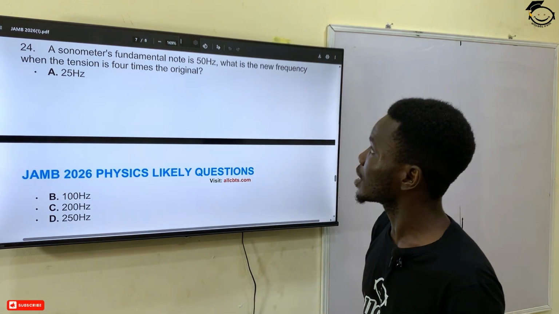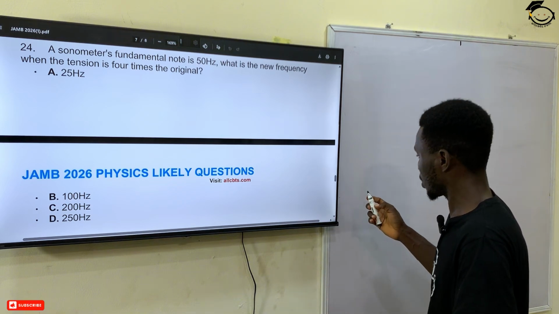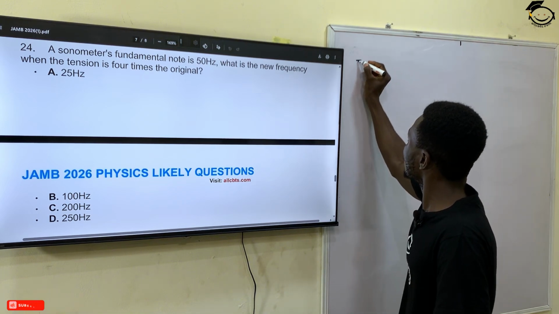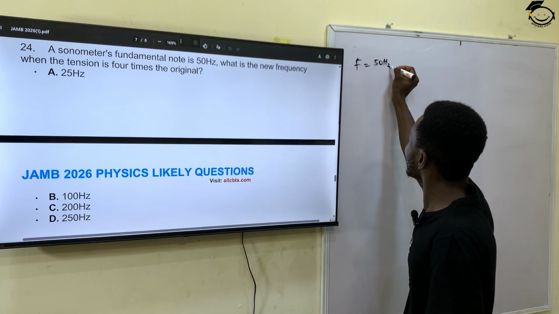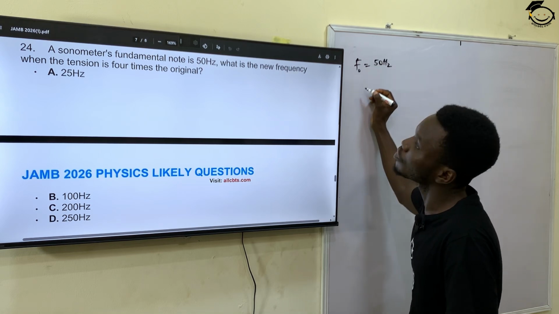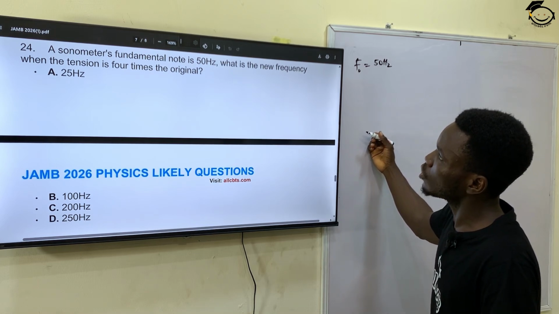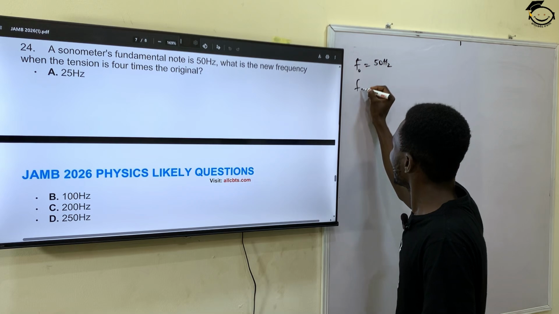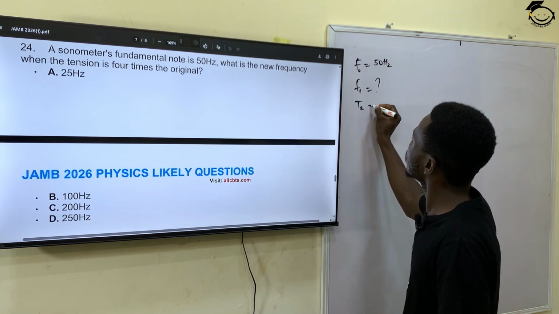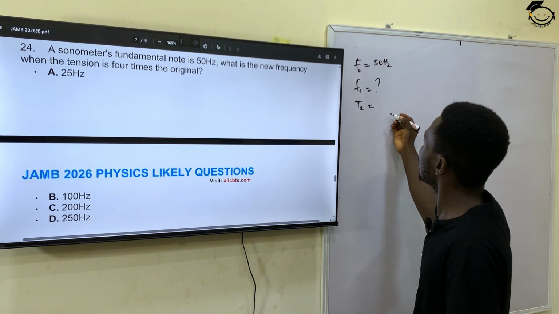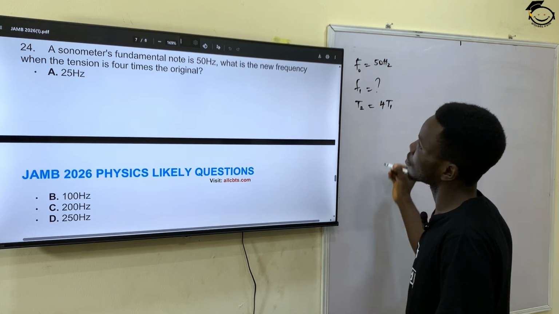Question number 24 says a sonometer's fundamental note is 50 Hz. So we have our first frequency as 50 Hz. You can call this F0. Then it asks, what is the new frequency when the tension is 4 times? So what is F1? We do not know, when our T2 is 4 times the original, 4 times T1.